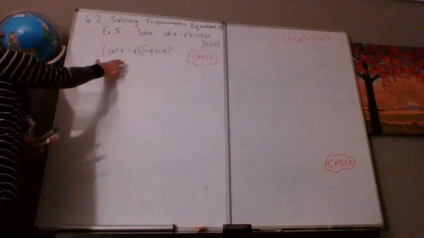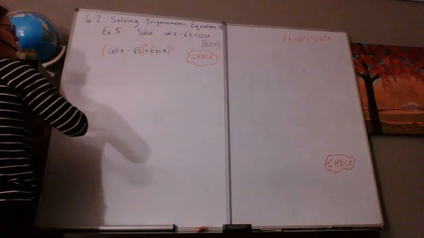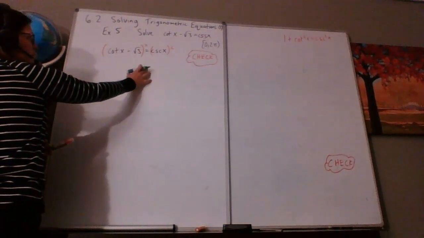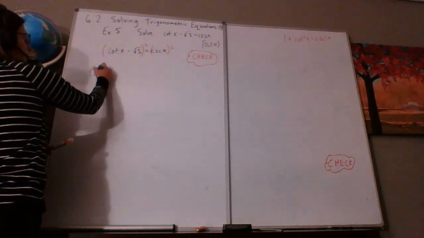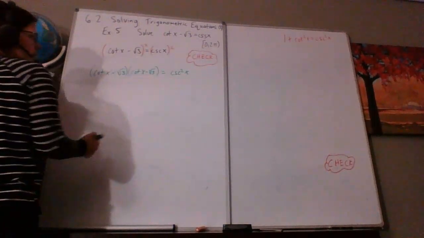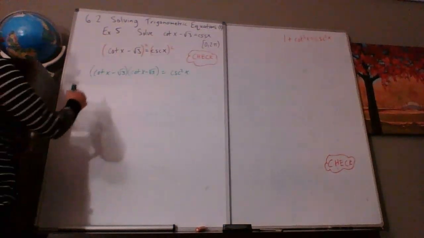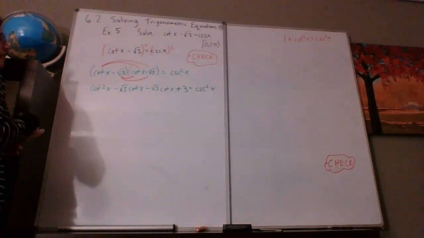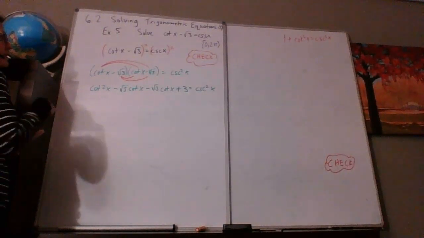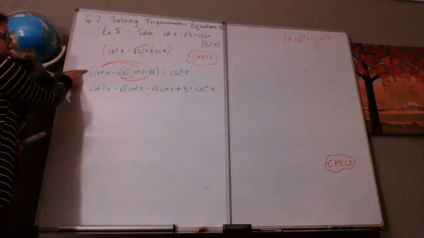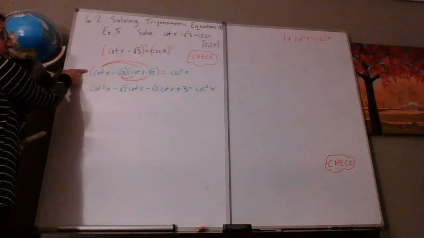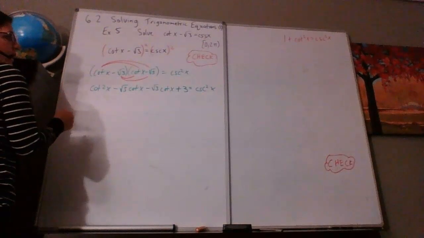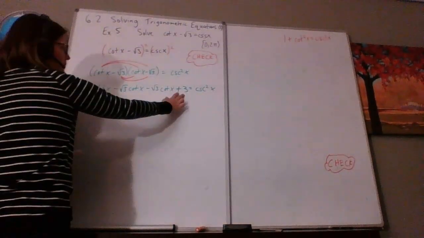Now let's carefully square this. If you need to, write out cotangent x minus rad 3 times another cotangent x minus rad 3. And on the right, we'll just get a cosecant squared x. So multiplying this out carefully, we get cotangent squared x minus rad 3 cotangent x minus another rad 3 cotangent x plus rad 9, which is just 3.